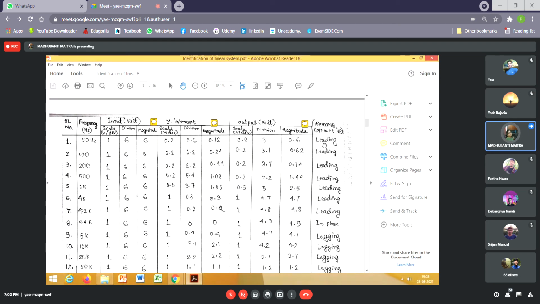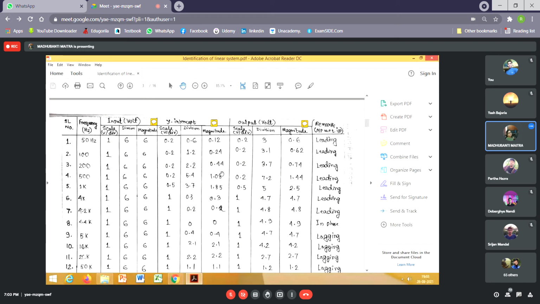And while we'll be computing a second table, from this table we'll have to compute another table, and there we'll find that the phase angle will most probably come out to be positive, and hence we can corroborate our findings here. So please note down the values.